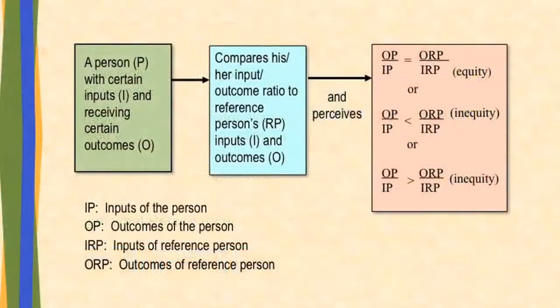This particular slide breaks down a little more the process that a person goes through in terms of their inputs, outputs, and comparing that. If they see that there's equity between what they do and the other person, or if they see greater or lesser inequity in terms of the reward outcomes, then they start modifying their behavior as a result of their perceptions.